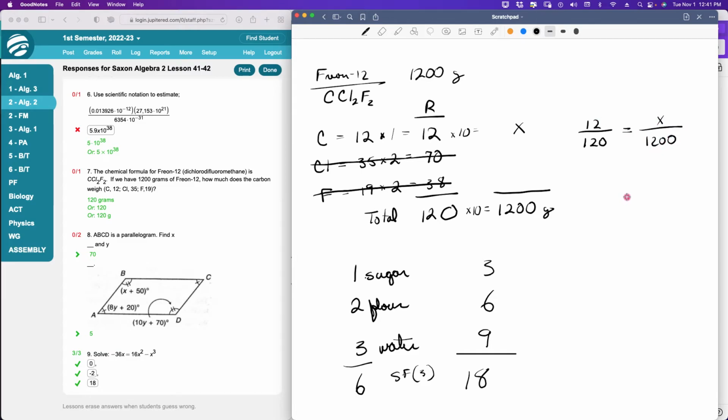Then we cross multiply. 120 times X is 120X. 12 times 1200 is going to be 14400. So when I divide, I get 120.